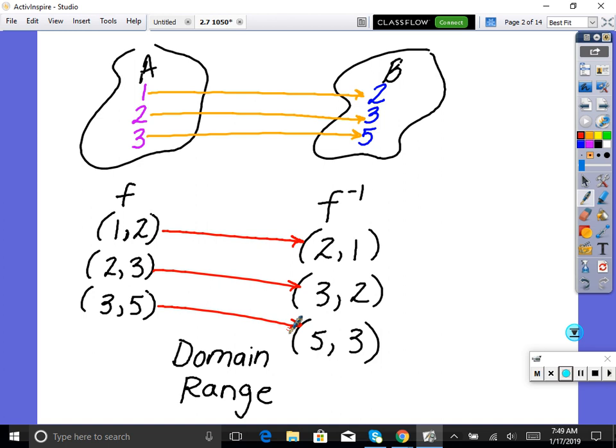That's a good reminder. Notice this one's domain will be the inverse's range, and vice versa, this one's range will be the inverse's domain. So if you know the original's domain and range, you also know the inverse's domain and range, because you just switch them.